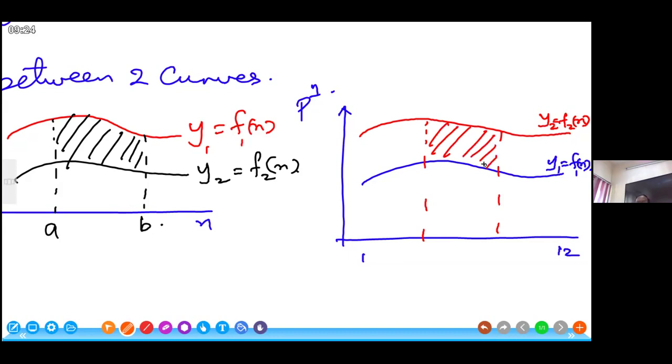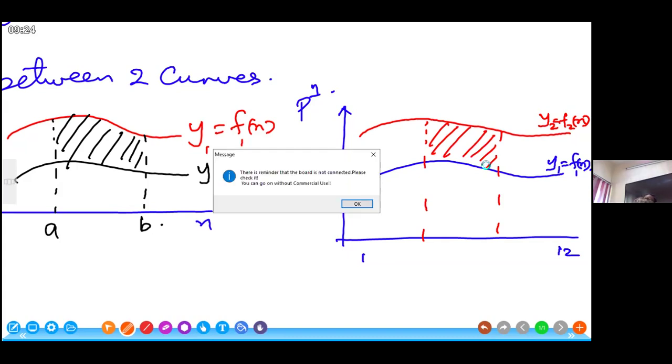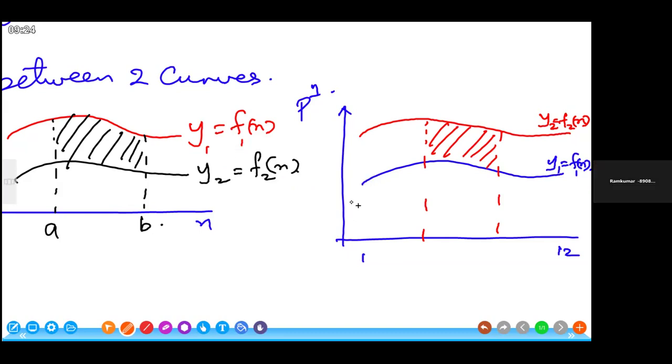Anyone? What is this marked area? The shortage amount of rice that is coming. This is demand. This is supply. Demand and supply.